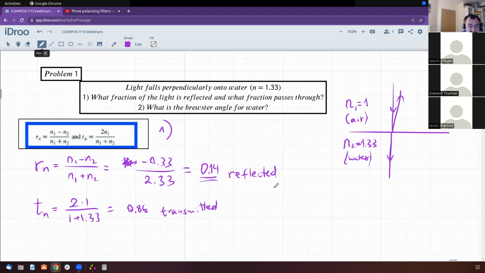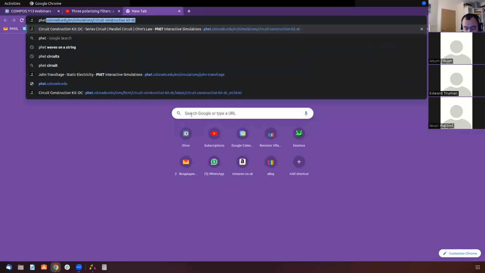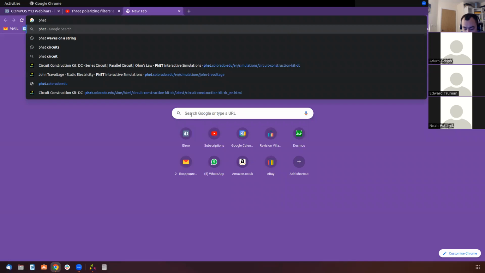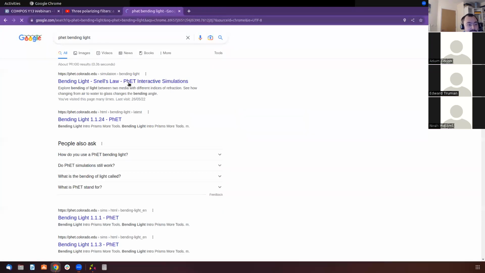And it makes perfect sense. Let's see if this actually holds. So, bending light.